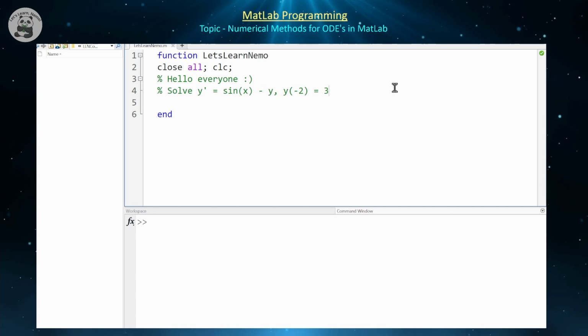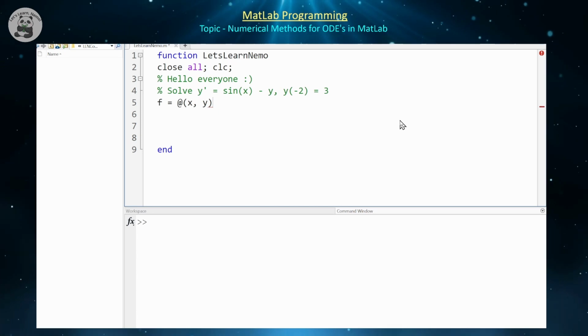So the very first thing that we need to do when analyzing a differential equation is to define our function f. So f is going to be the right-hand side of our ODE when y prime has been isolated. Obviously we have a function of both x and y, and even if it's not a function of both x and y, sometimes it's safe to put x comma y there just to be safe.